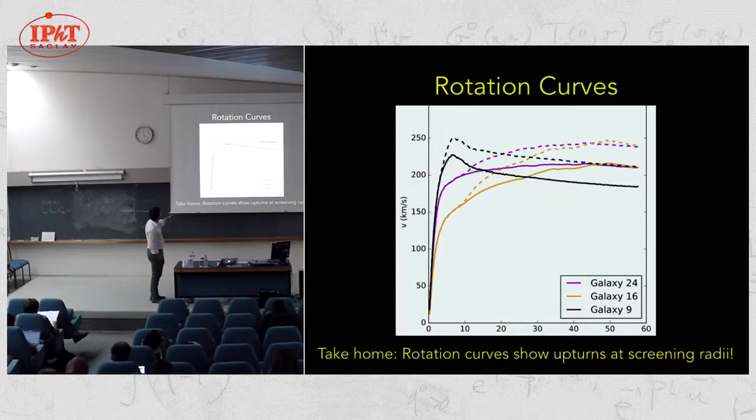For these 2 galaxies, galaxies 16 and 24, we observe these marked upturns, which would be observable. Whereas for Galaxy 9, there's still an upturn, but because of where it is, that wouldn't be observable on an observed rotation curve, because it happens while the rotation curve is still rising. And as I said earlier, that reflects the morphology of the galaxy.